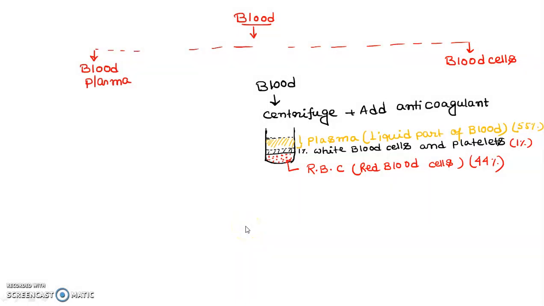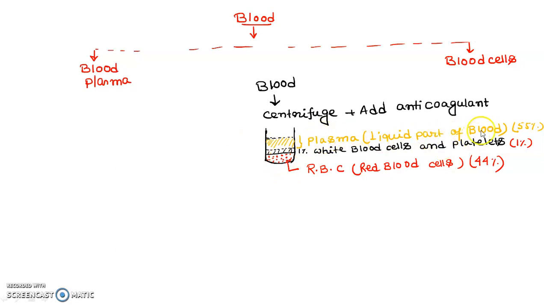Now coming to the constituents of blood. What is blood made up of? Blood contains blood plasma and blood cells. If we take blood from a person, add some anticoagulant and centrifuge it, then after centrifugation the upper liquid yellow part is plasma, and below are the white blood cells and platelets and RBC or red blood cells.